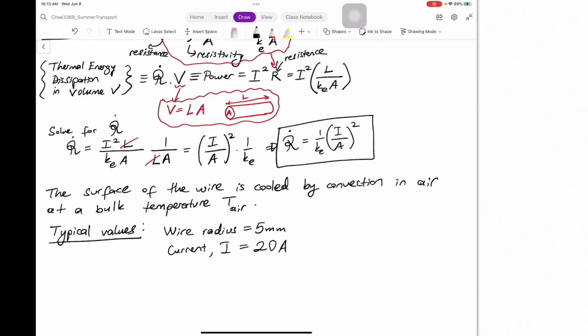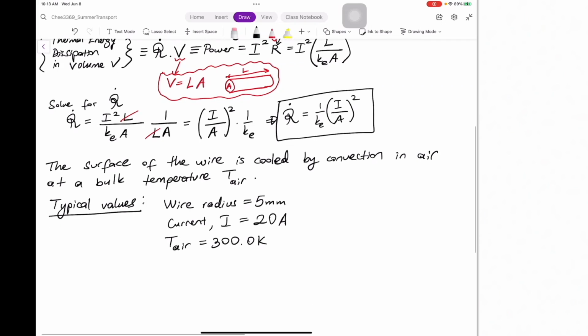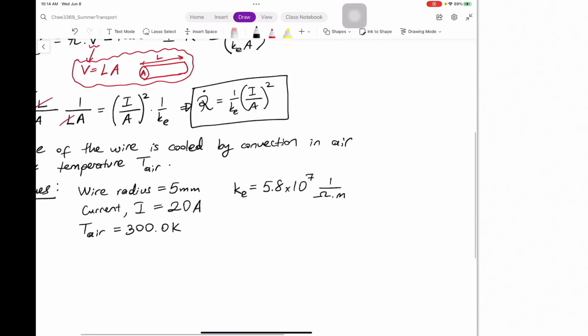The air temperature, let's take it at room temperature, somewhere around 300 Kelvin. The electrical conductivity is 5.8 times 10 to the 7, 1 over ohm meters for copper.